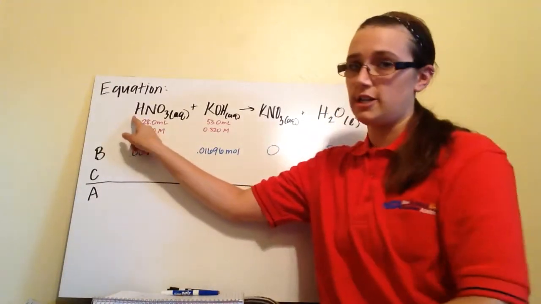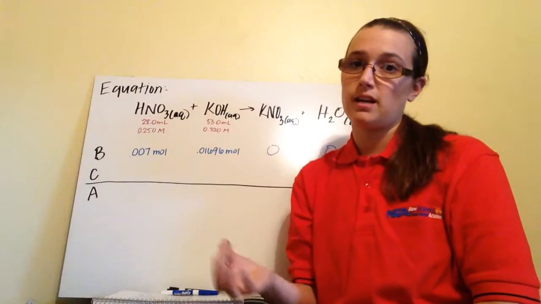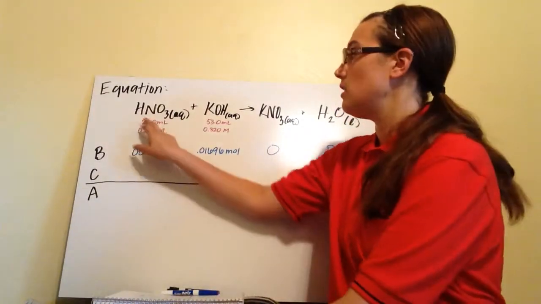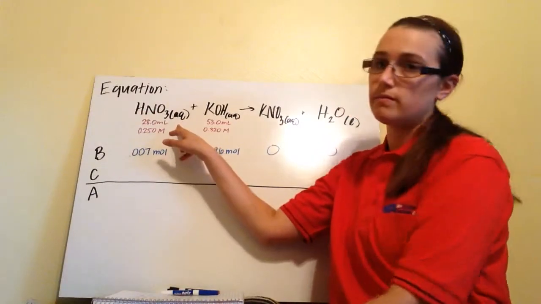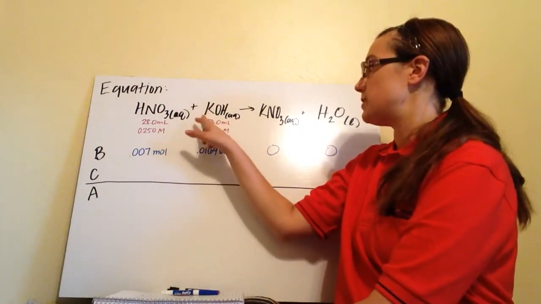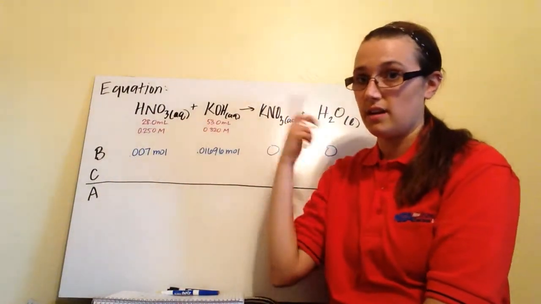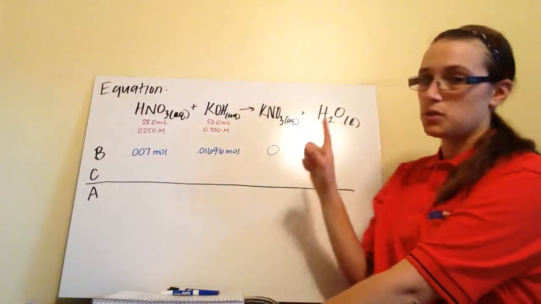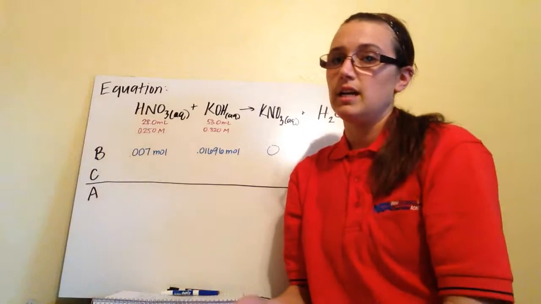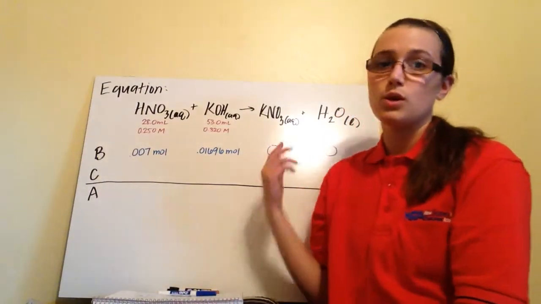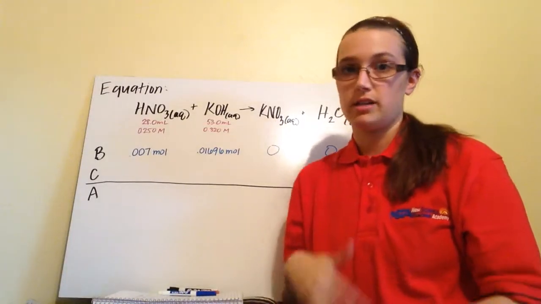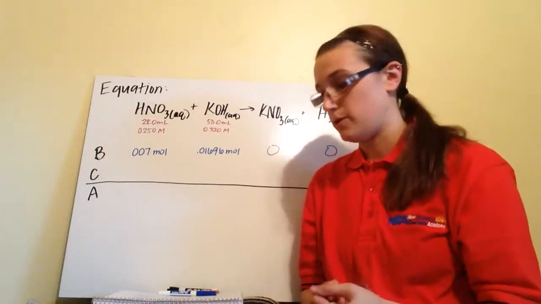Nitric acid, HNO3, aqueous, think about why it's aqueous, plus potassium hydroxide, same thing, think about why that's aqueous, yields potassium nitrate plus water. Potassium nitrate is aqueous, look at your solubility rules, water is a liquid. So that is our molecular equation. That's our overall equation that shows the stoichiometry.